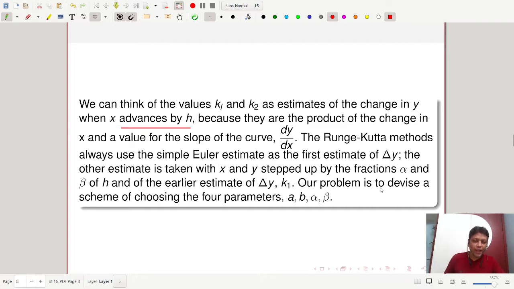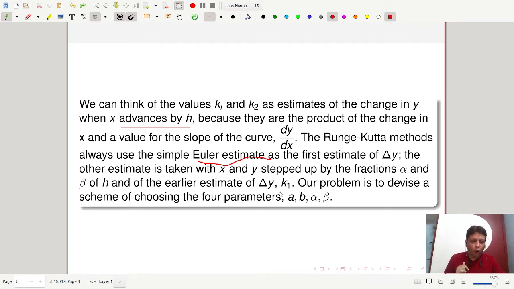So the Runge-Kutta methods always use the simple Euler estimate as the first estimate of delta y. The other estimate is taken with x and y stepped up by the fractions alpha and beta of h, and the earlier estimate of delta y, k1.